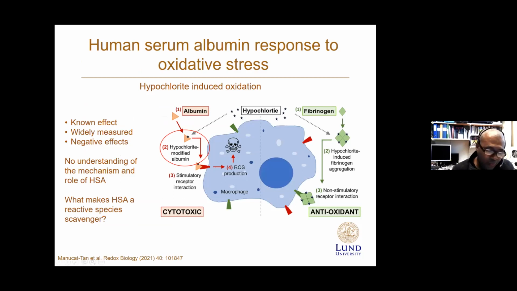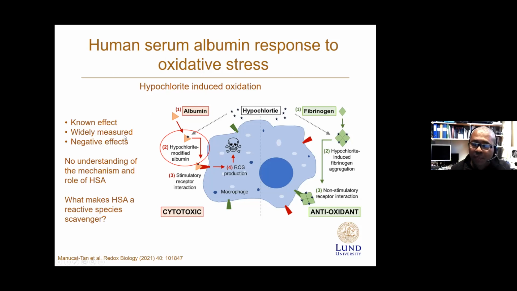And recently, there was a paper in 2021 where they could sort out the hypochlorite partitioning, that albumin could take some of it, fibrinogen could take some of it, but the activation of the albumin could lead to very severe problems, whereas the fibrinogen will be less problematic, so will act more as an antioxidant rather than the albumin acting as a cytotoxic.